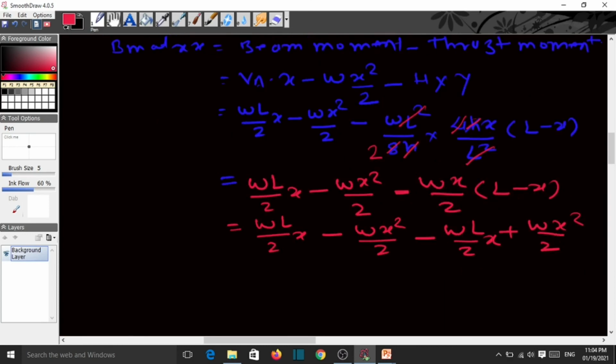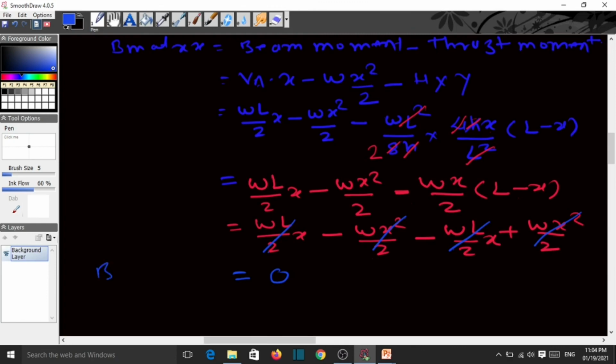Now this is plus WLx by 2 and minus WLx by 2, this gets cancelled out. This is minus Wx square by 2 and this is plus Wx square by 2, this gets cancelled out. So this is 0.